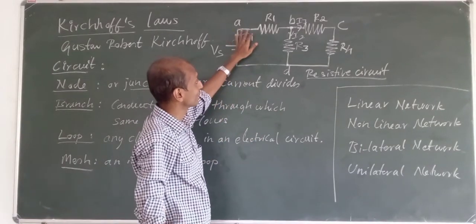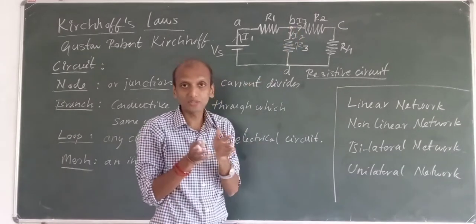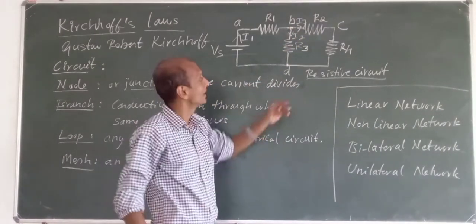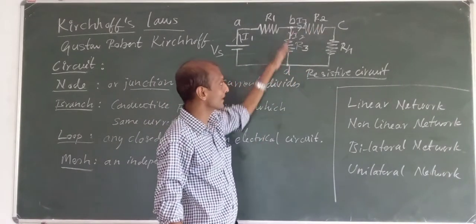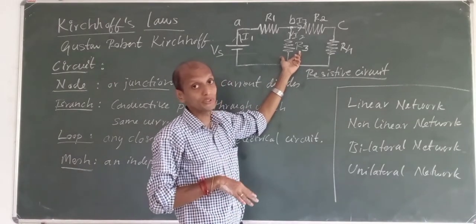So the current I1 which comes here, at this point B, has got two ways to go. Both ways it will go depending on the resistance value. In this direction I have one resistor R3 and we don't know how much value it has got.